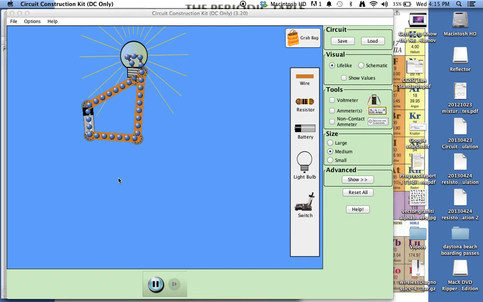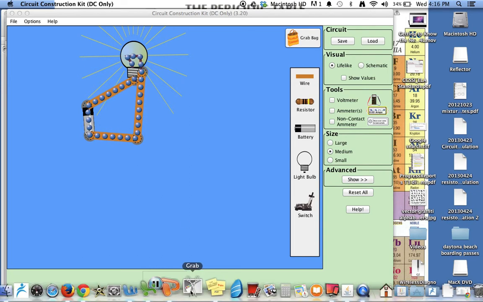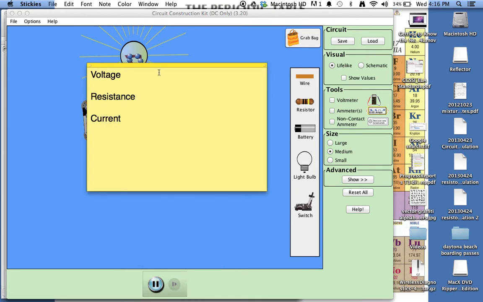Okay, so the reason the circuit works is because the battery here is pushing the charges through the wires, through the bulb, and back to the battery. This is because a battery provides voltage for a circuit.